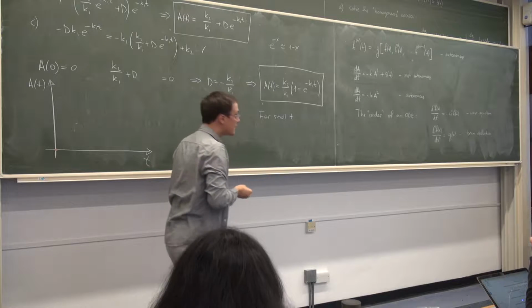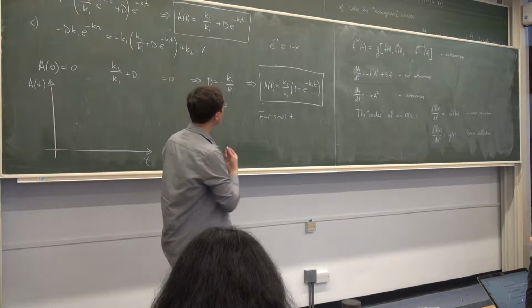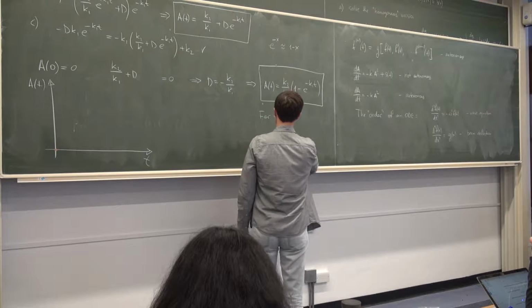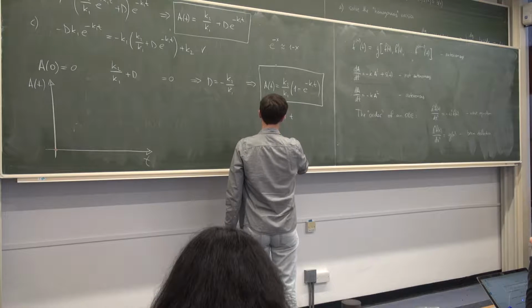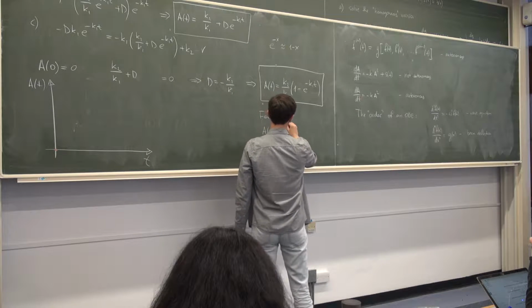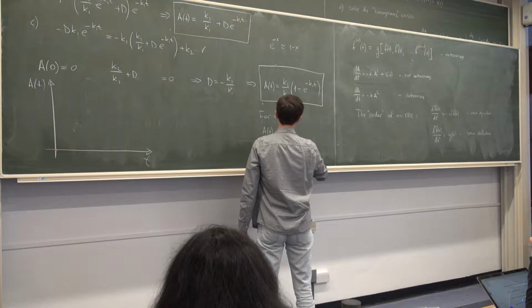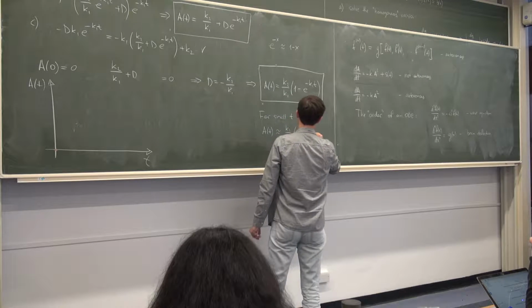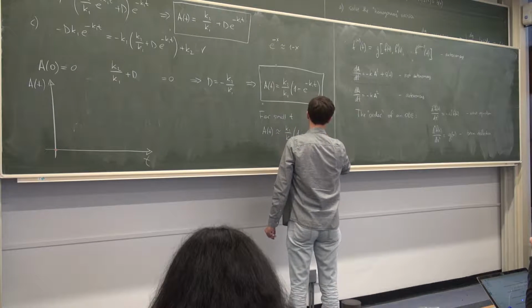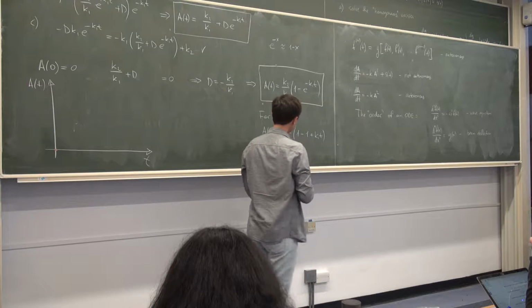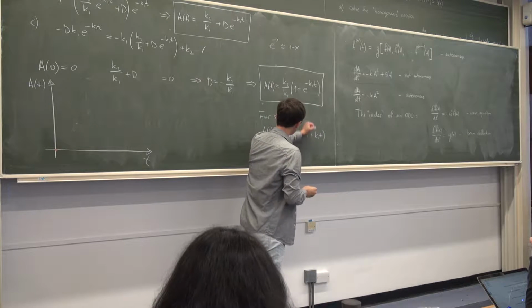in other words, in the initial regime of that reactor, what we will have is A of t is approximately equal to K2 over K1 times 1 minus 1 plus K1 t. These two ones disappear.